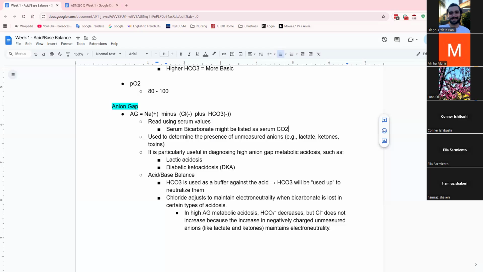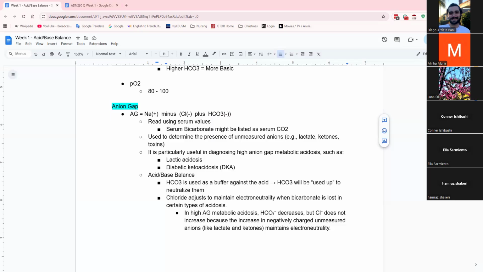So the purpose of an anion gap: an anion is something that has a negative charge. It's referring to the charges of the electrolytes and other things in the body, such as acids. So it's used to determine if there exist any anions, any negatively charged things.